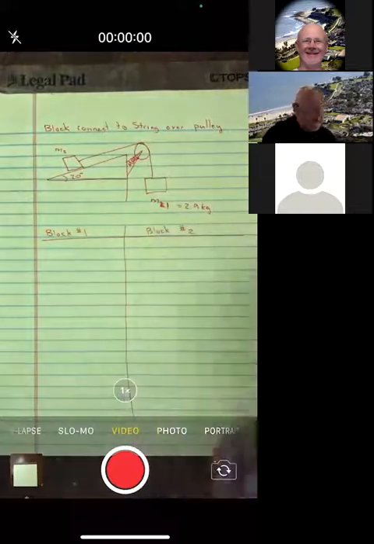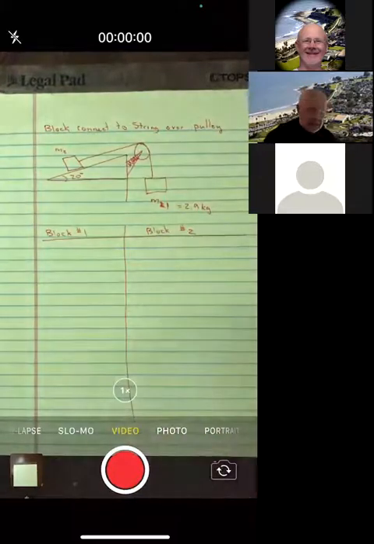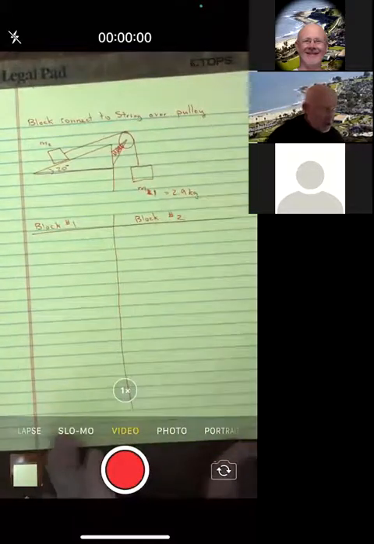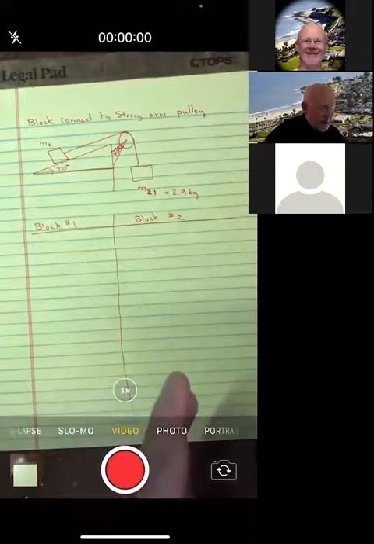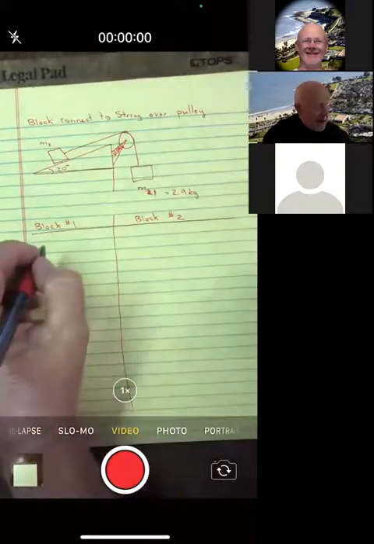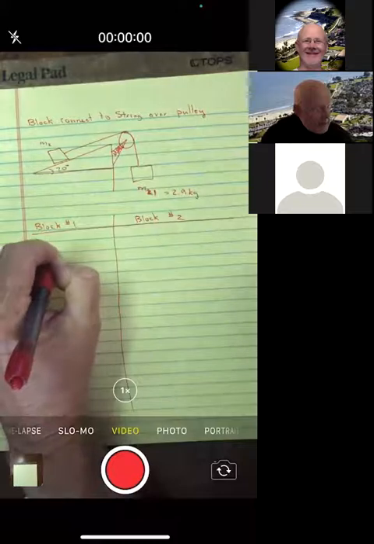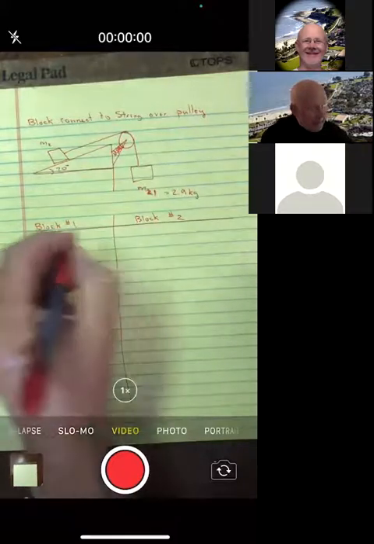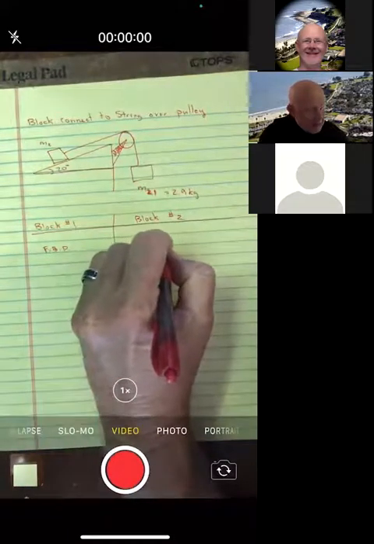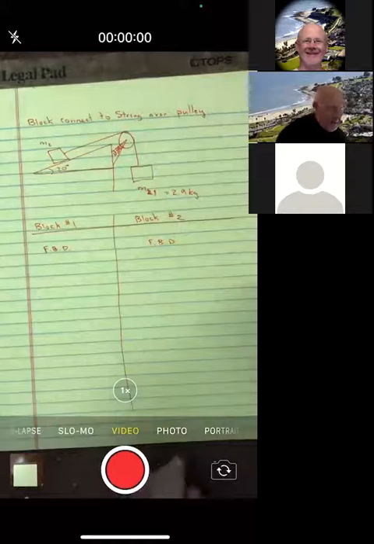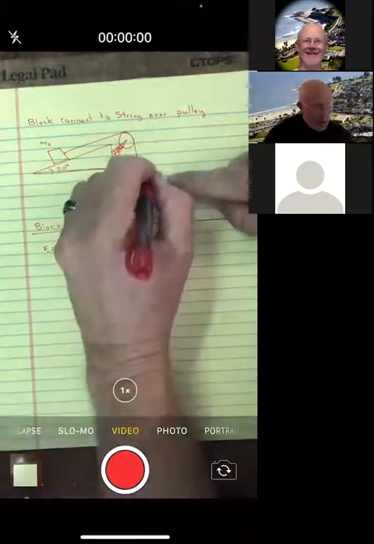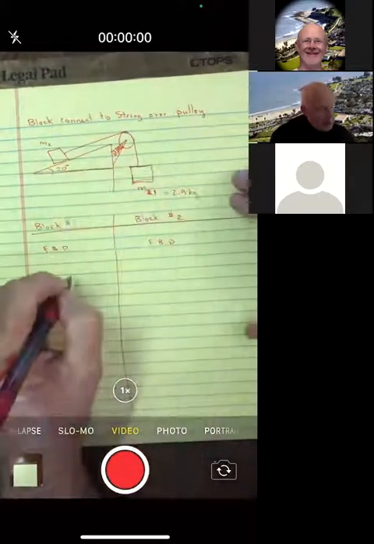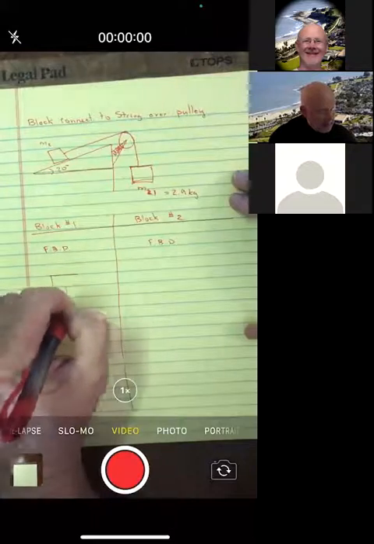But maybe conceptually is a little more challenging. I'm going to just divide into 2 columns and do a free body diagram of each of them. Now, block number 1 would look something like this.